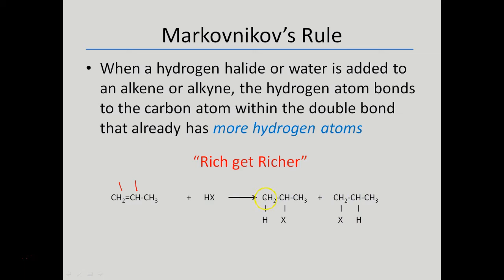Since my first carbon already has 2 hydrogens, it's more likely to get the hydrogen. Since this carbon has fewer hydrogens, it's more likely to get the other part and not the hydrogen. And so as a result, this right here is my major product, and this is my minor product.